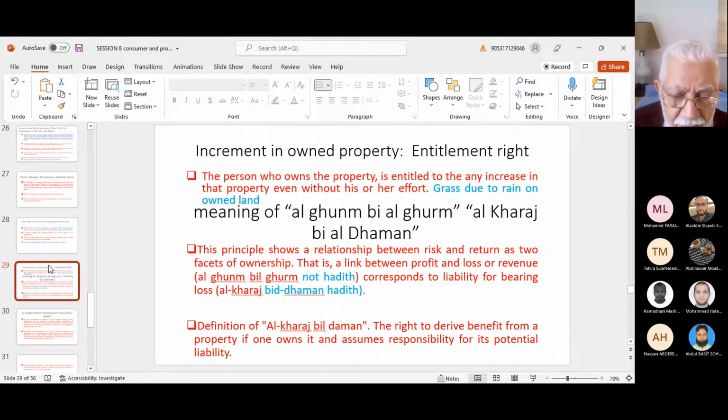What creates increment wealth, what creates added value is either property or labor or service or man hours. But added value cannot be created by risk. Risk cannot create added value. It is associated with added value. So this ba is ba of association because both of them are facets of ownership. So what matters is the ownership.